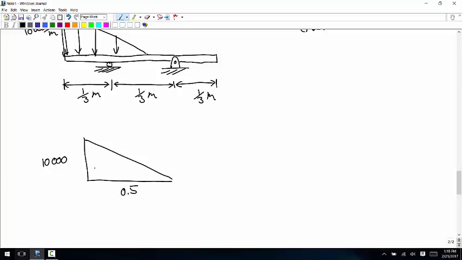We know the centroid's going to be a third of the way from the wall towards the point, so over here, where this distance is 0.5 over 3, so that's 1/6. The total area is 10,000 times 0.5 over 2, so 2,500.